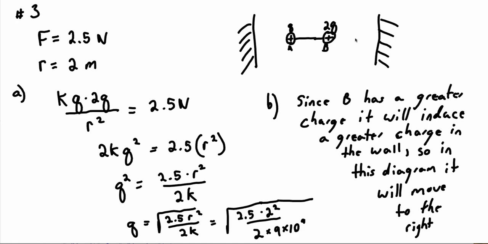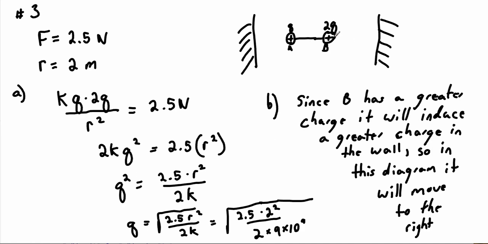I think it's easier just to think of them as two metal walls. So we have two metal walls here, and we have this setup where we have two like charges, and they're repelling each other.